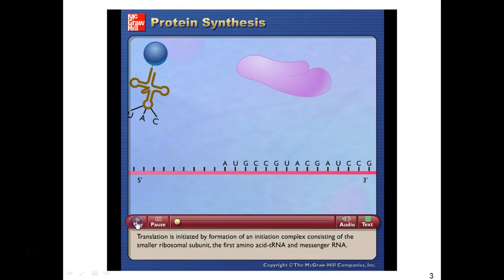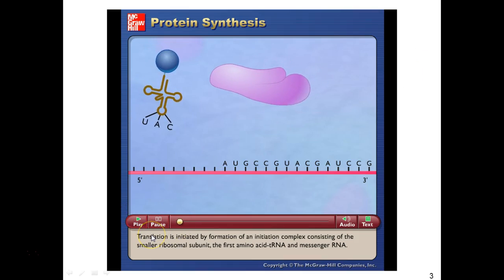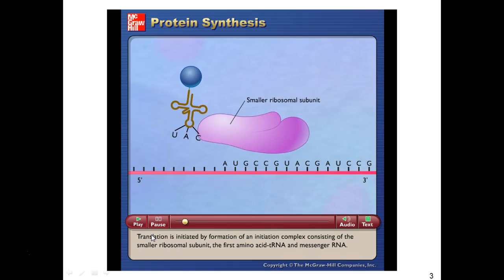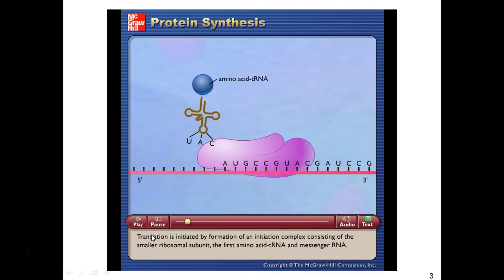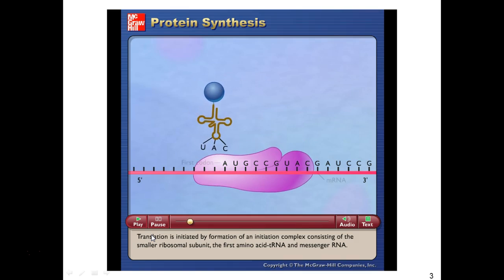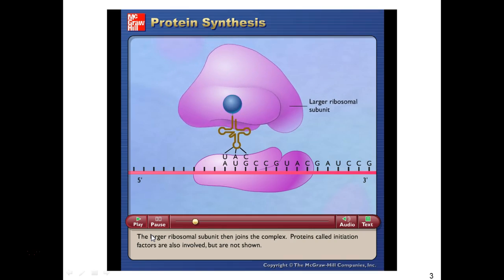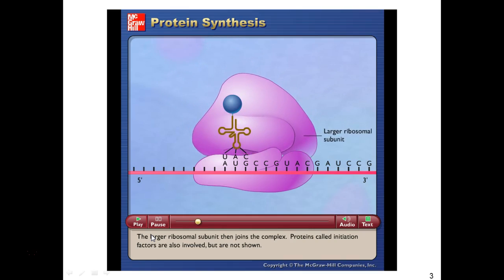Let's see. Translation is initiated by formation of an initiation complex consisting of the smaller ribosomal subunit, the first amino acid tRNA, and messenger RNA. The larger ribosomal subunit then joins the complex. Proteins called initiation factors are also involved, but are not shown.